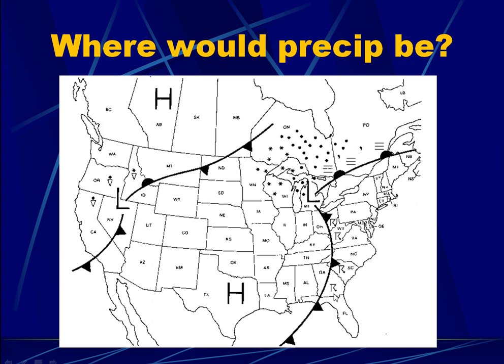The symbol for a thunderstorm, right at a cold front. And along this warm front we have fog. That's what these three lines indicate. The high, nothing. High, nothing. And at this low, again, this is a symbol for rain showers, and this is a symbol for snow showers. So again, along lows and fronts are where we tend to get precipitation.